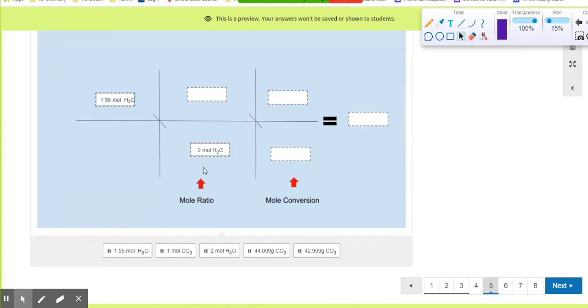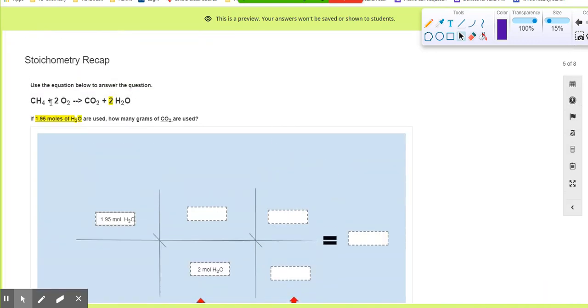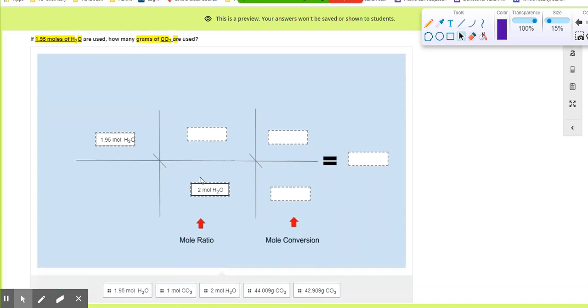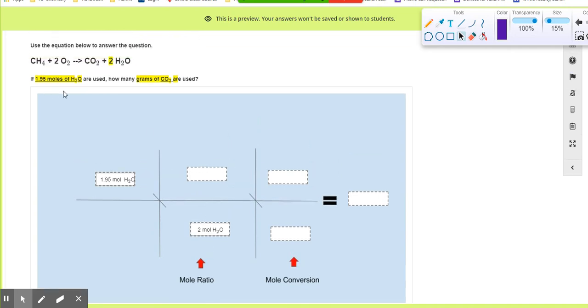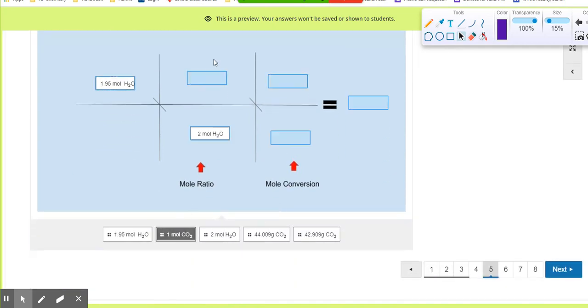We're going to change into what they want us to change into. So we need to get to CO2, right? We need to get to grams of CO2. So we're going to put first our moles, because this is a mole to mole ratio. Okay? So CO2 has a 1 in front of it. Words are coming down to the right. This is our mole conversion.